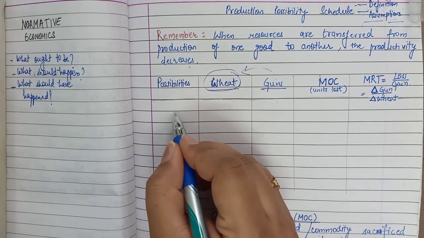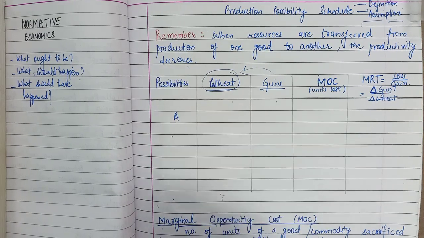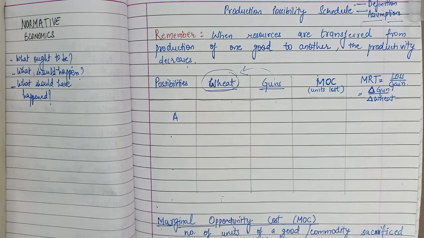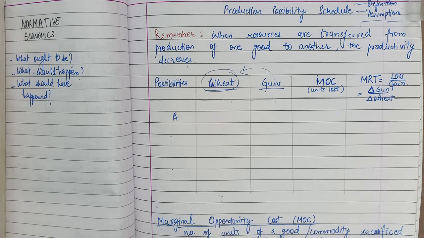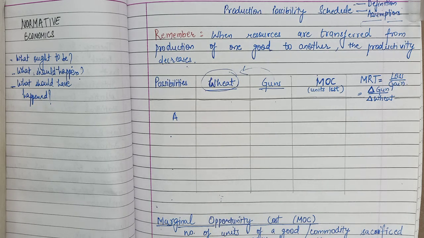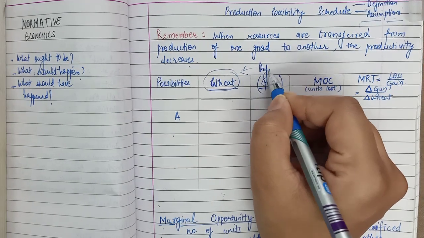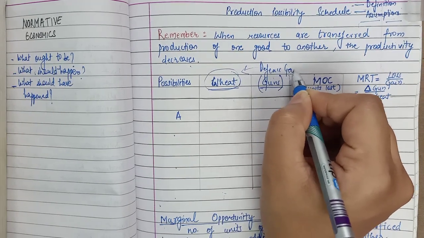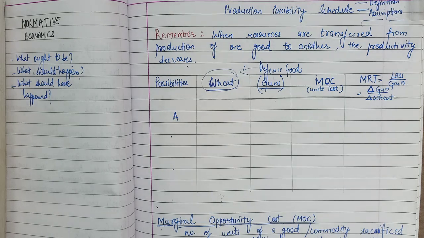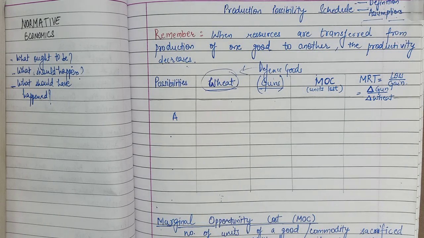Possibility A we had already discussed. If we are assuming all our resources of the economy are utilized in the production of guns, every resource available in the economy is just producing guns. Or for that matter, you can take a broader category, defense goods. All the resources available in the country, land, labor, capital, human capital, everybody's engaged in the production of defense goods.